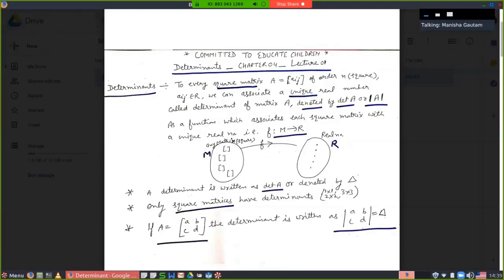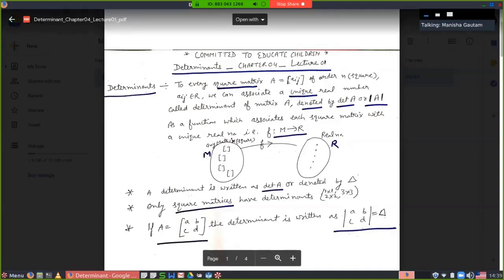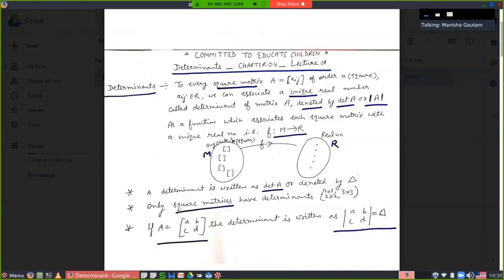When you put a matrix between them, it is the determinant of matrix A. It is a function which associates each square matrix with a unique real number, written as f from M to R, where M is the domain of the function and R is the codomain. As the definition says, M is the set of all square matrices.